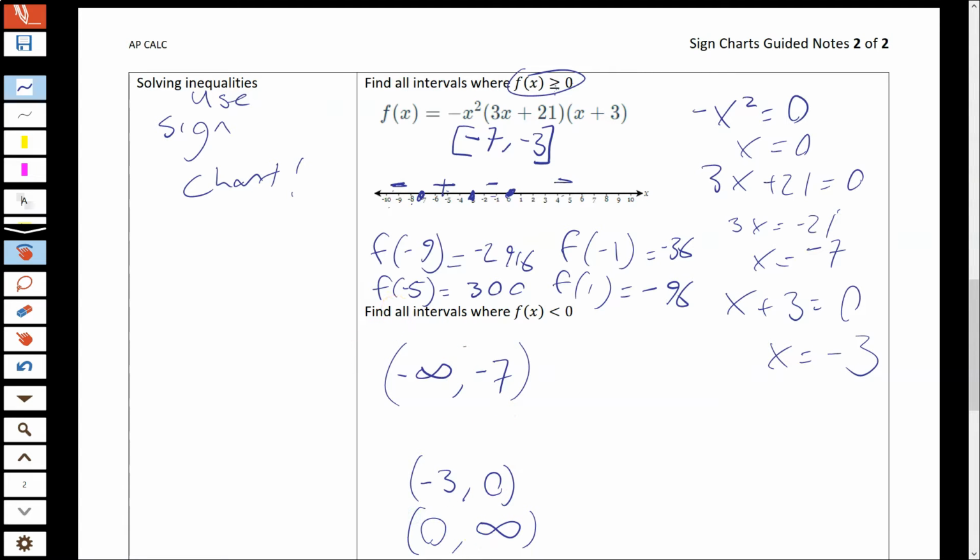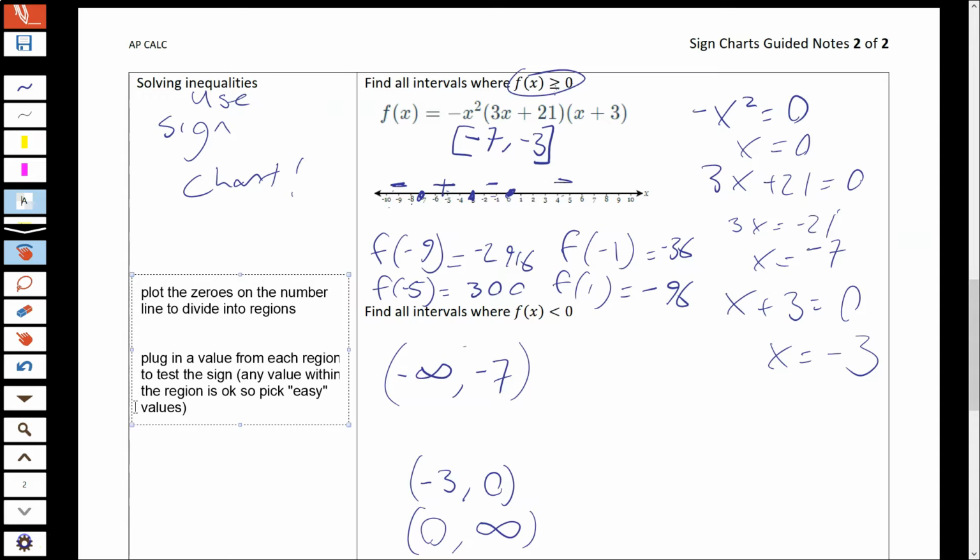Okay, so the steps to using a sign chart are as follows. We're using a value in each region to test the sign after we've plotted the zeros on the number line. Now notice the sign does not have to change at every zero. At this last zero here, we went from negative to negative. You'd think, okay, there's a zero there, so the function has to change signs.